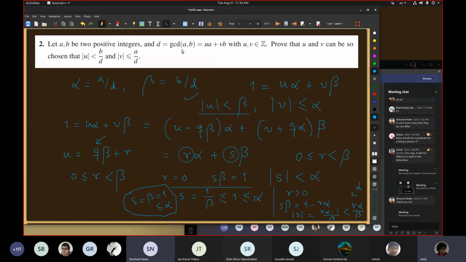No, this follows from the extended GCD, is it not part of some of your videos? This D can always be written as a linear combination of A and B. Yes, sir. Got it. So this is already proved, and based upon that we proceed.